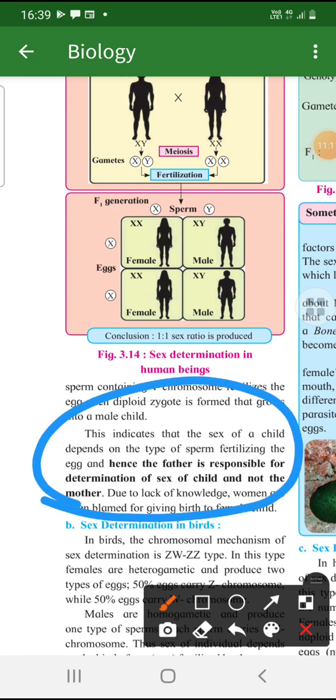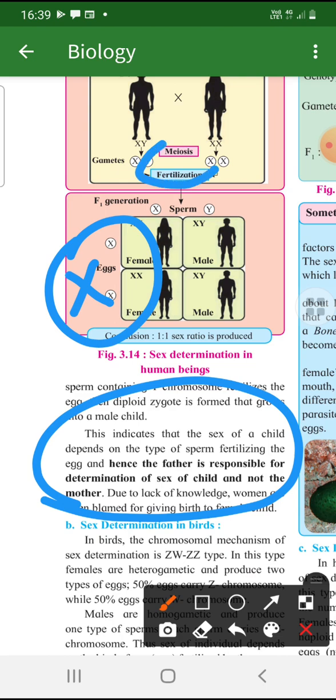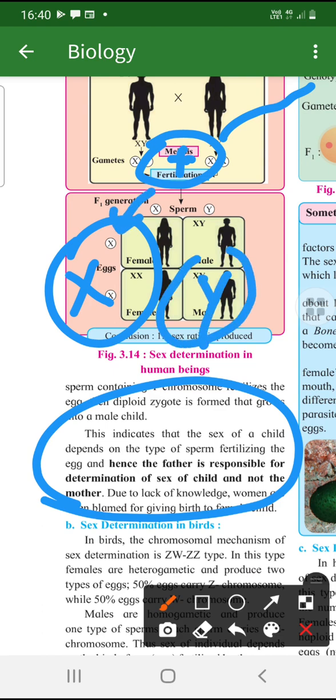So remember, this is an important line which you have to write. The sex of the child depends upon the type of sperm fertilizing the egg. Egg is only of this type. If a sperm is X, that is fertilizing this, it will give rise to a female. If a sperm is Y, that is fertilizing this X, then the product will be a male.